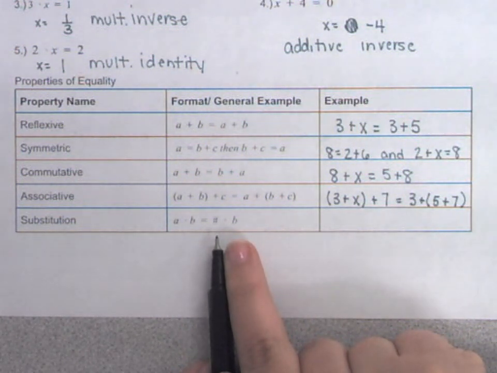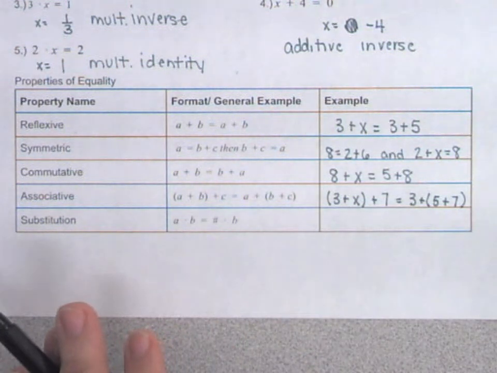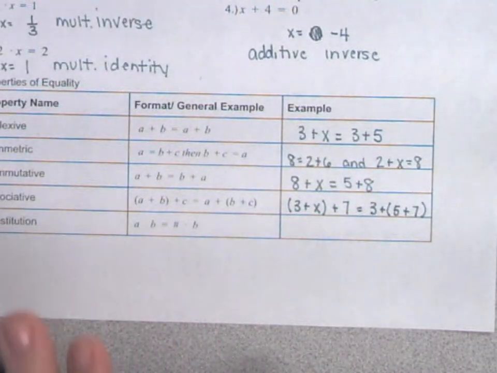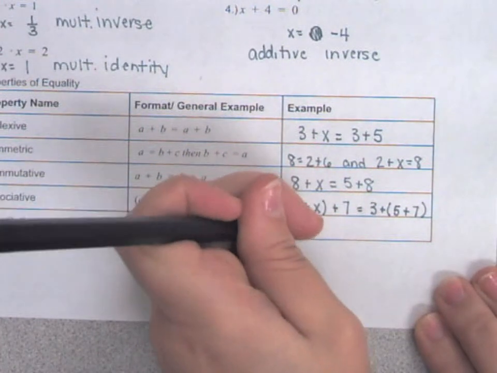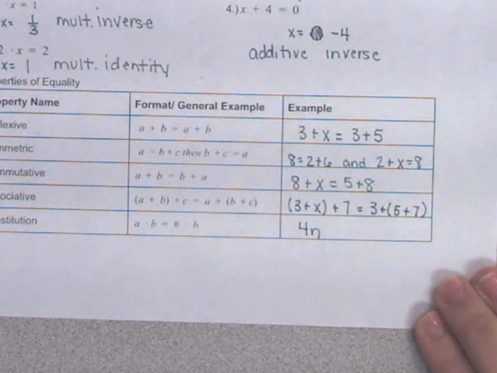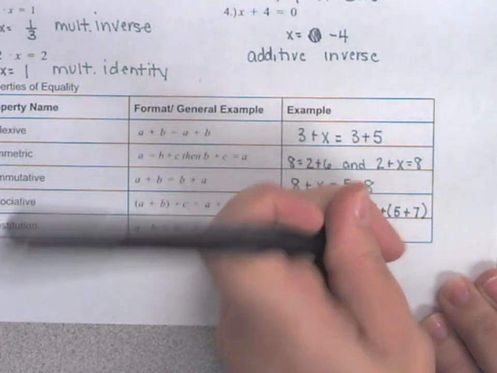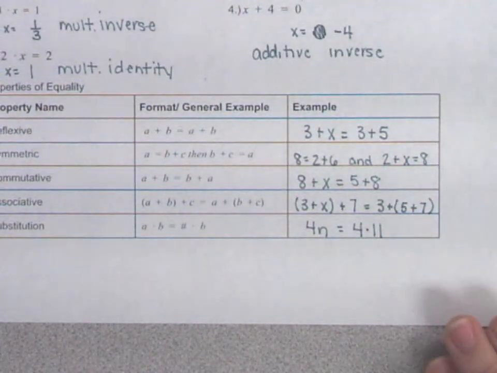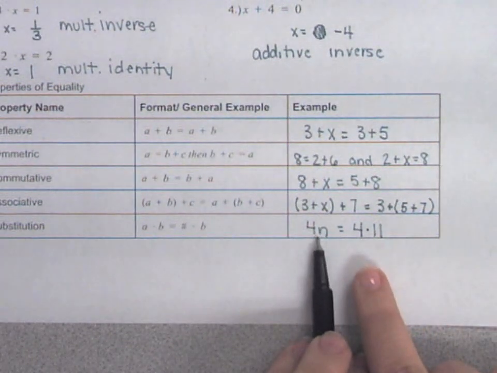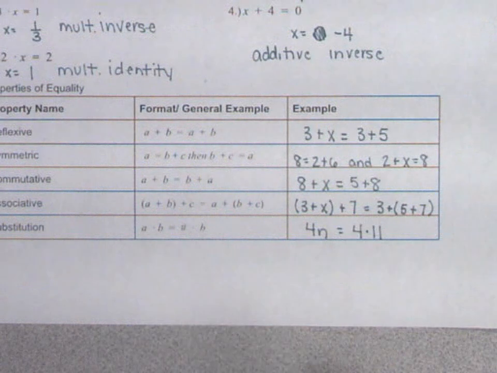That's all that means. What we already know. And it'll look just as simple as this: 4n equals 4 times 11. The only difference is this n turned into an 11.